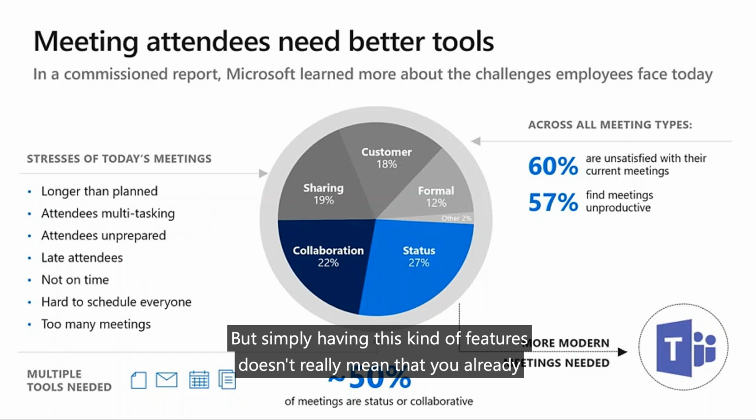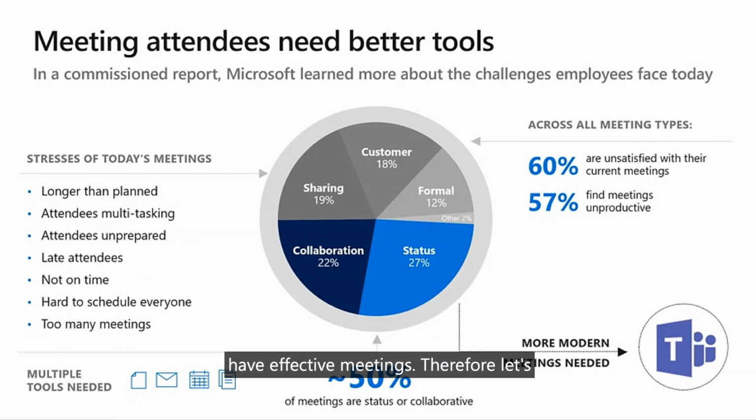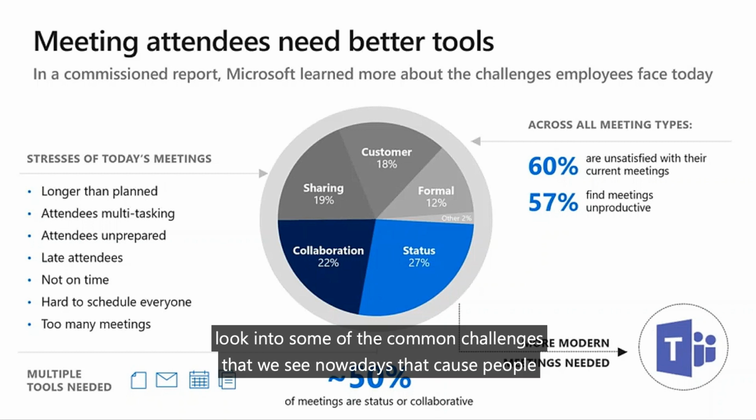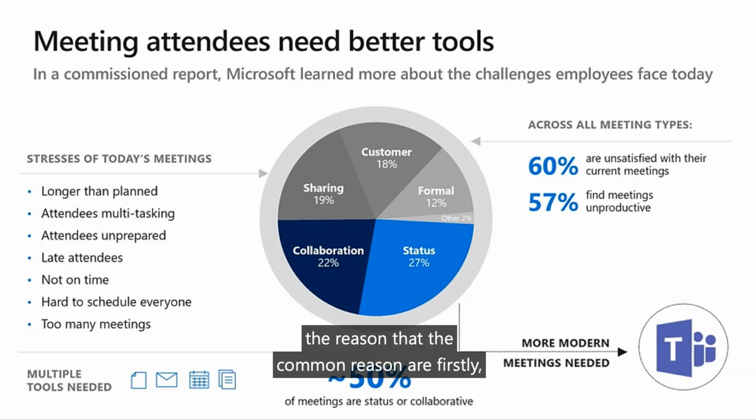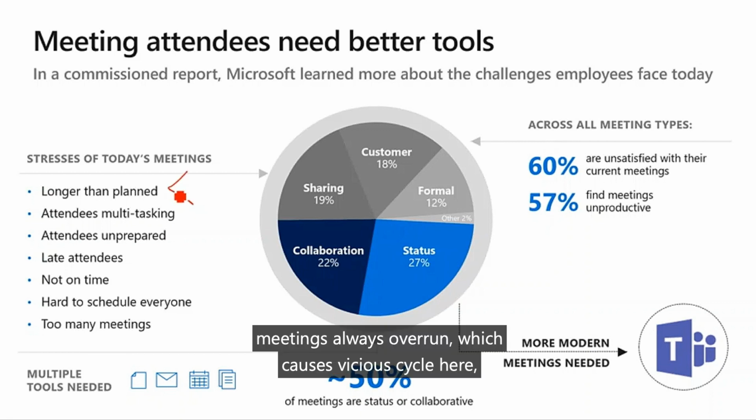But simply having these features doesn't really mean that you already have effective meetings. Therefore, let's look into some of the common challenges that we see nowadays that cause people to always have ineffective meetings. The common reasons are, firstly, meetings always overrun, which causes a vicious cycle.